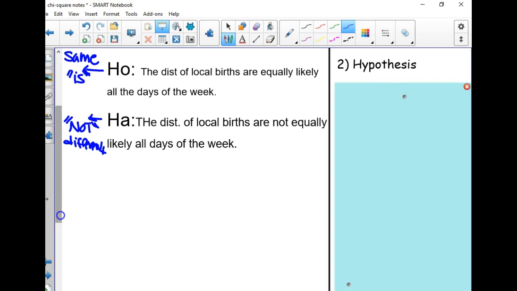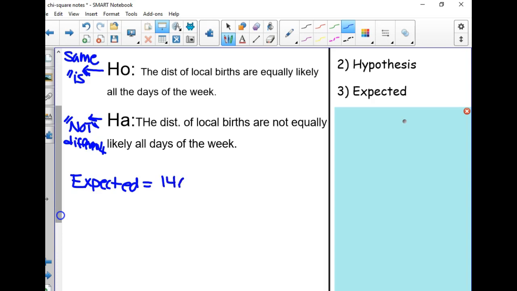Step 3 is to find the expected counts. The expected counts you want just right under the table, okay? In this case, because it's equally likely, I need to take the sample size first, which is 140, divided by the number of categories. Yeah, question?